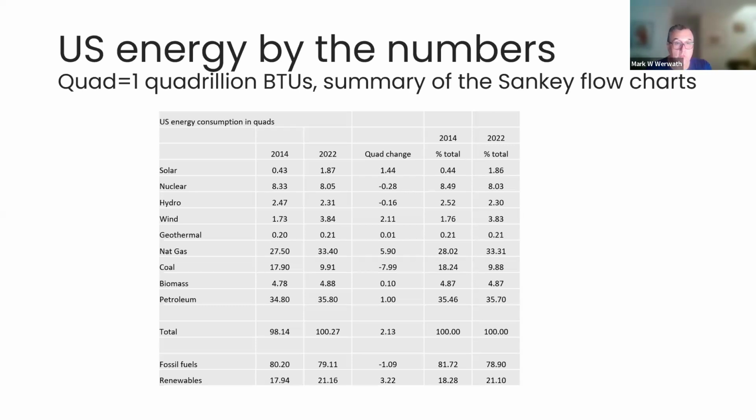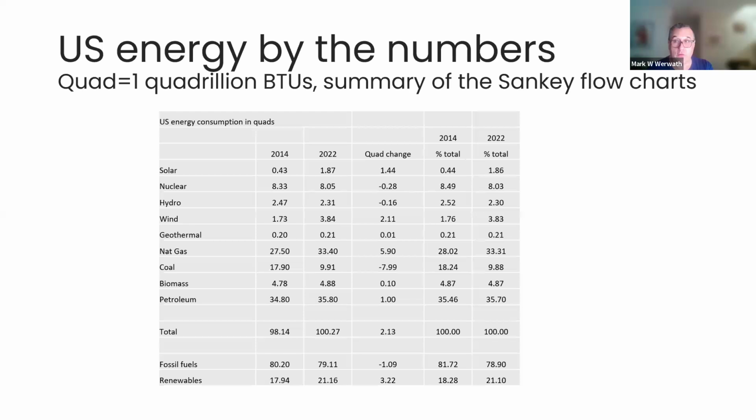And then the renewables have gone up about 3.22 quads, meaning that we've overall grown, as you can see here, by about 2 quads. And renewables have overtaken the fossil fuels, replaced the fossil fuels, if you will. Now, is this a transition? People call it that.